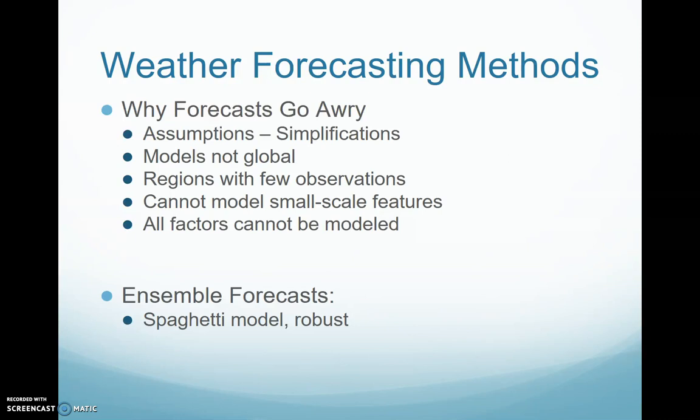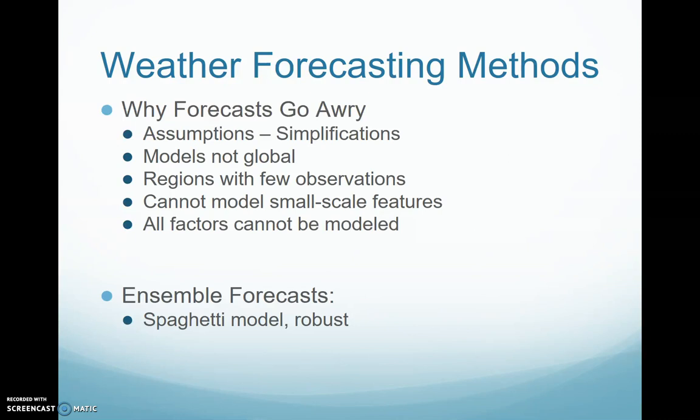Another problem that forecasts can have is that there are some models that are not global. Now, can you imagine having a model that does just the United States itself, but has no idea that there's a hurricane just outside of its range? That could greatly affect the forecast.